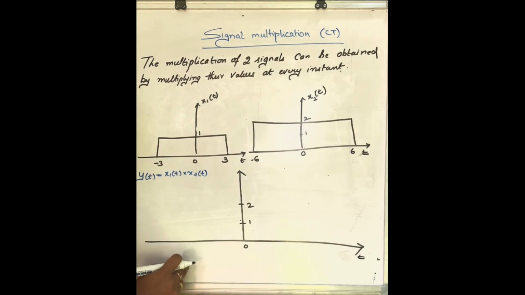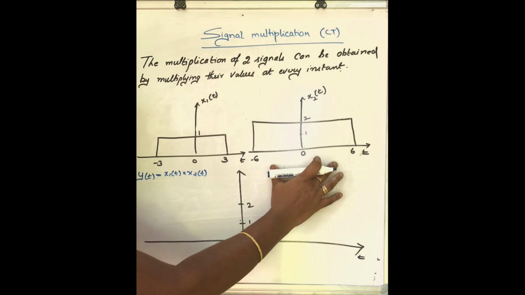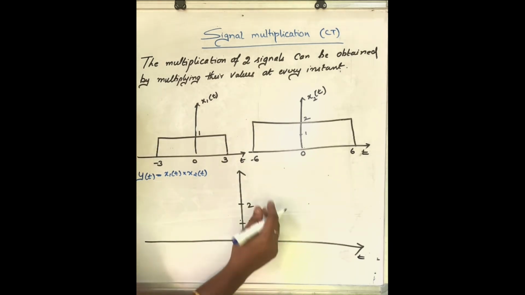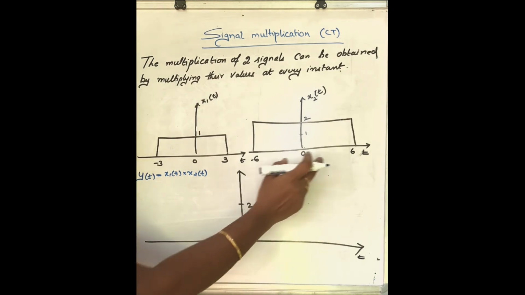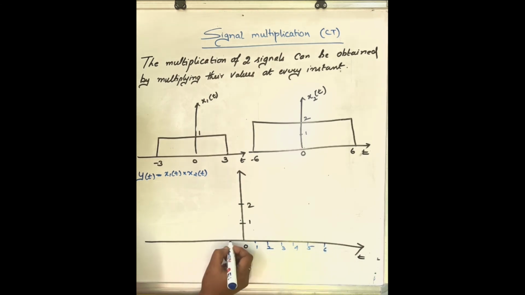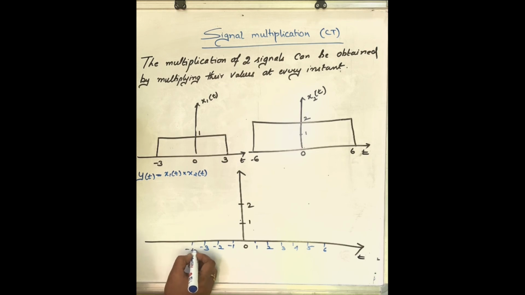For that, again take the maximum time period and mark it at your y of t. So here we'll take from minus 6 to 6: 1, 2, 3, 4, 5, 6, and minus 1, minus 2, minus 3, minus 4, minus 5, minus 6.